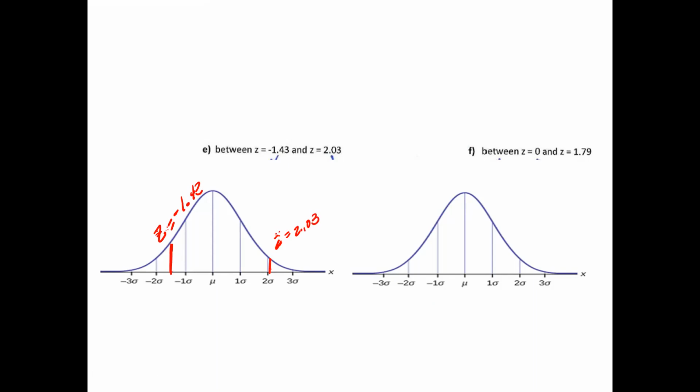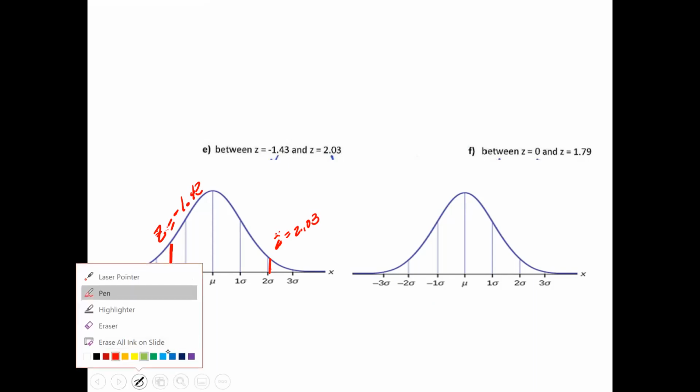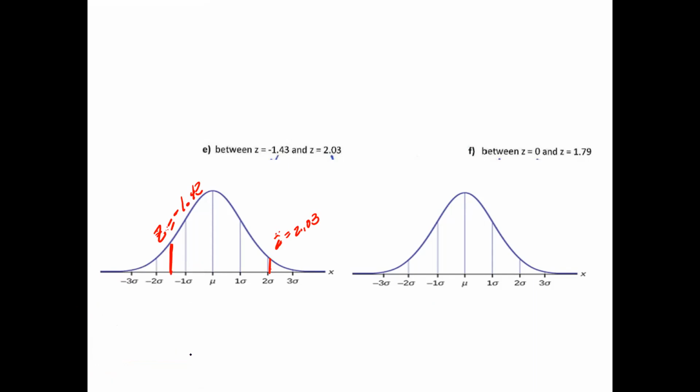So then let's go ahead and take a look at this. I want you guys to go ahead and look at the Z table for 1.43. You should have the percentage that's going to go from here to here as 7.64%.